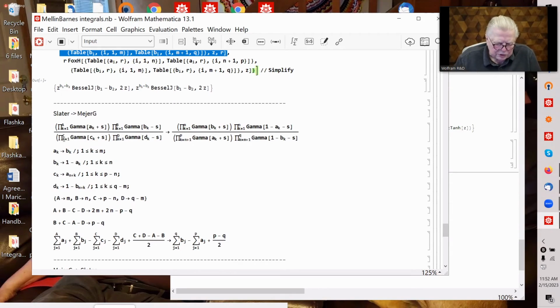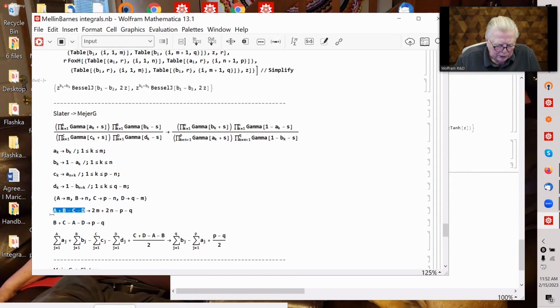Now, I placed rules how you convert Slater to Meijer. You see, we can change variables in such style. If you do this, it can be done automatically, by the way. We can change all characteristics, and rather often people who work with Meijer G see this one. In Slater sense, it is this one.